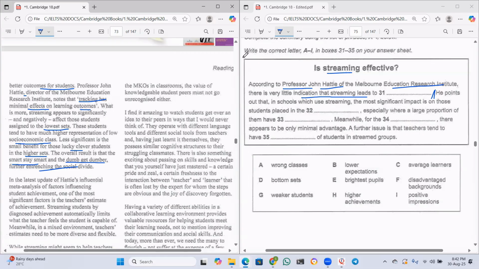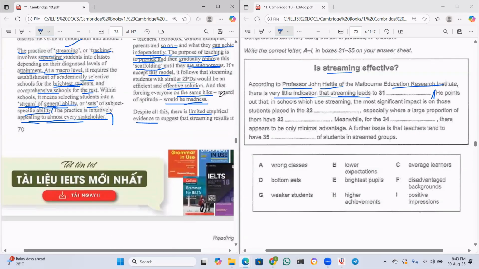Right? So, what is the question about? According to the professor, there is a very little indication that streaming leads to dash. Very little indication. That is the keyword. I think we read something here, right? Despite all this, there is a limited empirical evidence. Okay? Limited means very little evidence, indication.